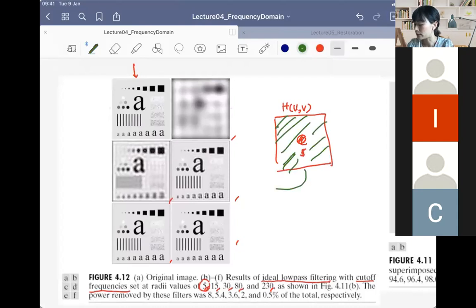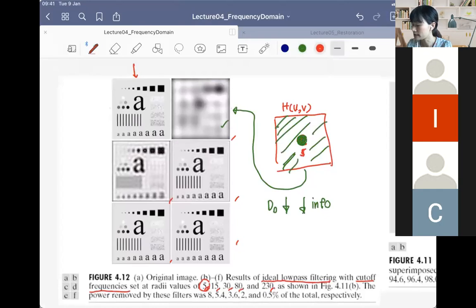That's why the image is very blurry, because only a small amount of information has been passed through. A small cutoff frequency shows only small information, that's why you see a very weak, unclear image.